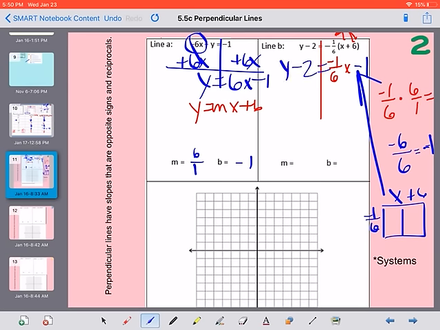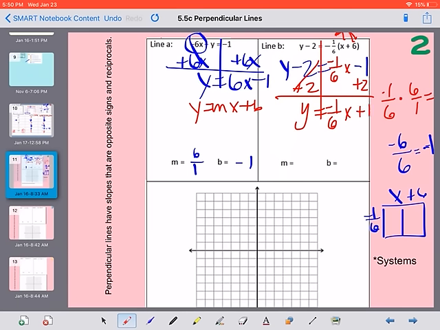So we have y minus 2 equals negative 1/6 x minus 1. And we want y by itself, so we need to add 2 to both sides. And we have y equals negative 1/6 x. Negative 1 plus 2, there's more positives now, only 1 extra positive.